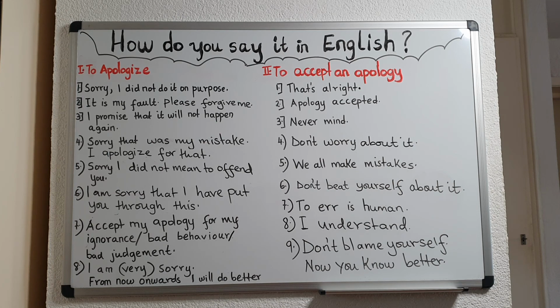Just don't blame yourself. Now you know better means, yeah, you have made a mistake. You have offended me. But now you know that that sort of behavior hurts me.